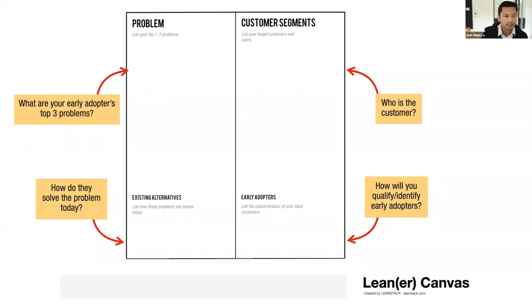So again, simple example, if we look at ride sharing or Uber, what's the existing alternative? If I had to get to the airport, I could drive, I could take a bus, I could maybe take a bicycle, not very practical, or take a taxi. And so all those are alternatives, and we need to see, given all those alternatives, why does Uber or a ride sharing service compete, and why does it need to exist?